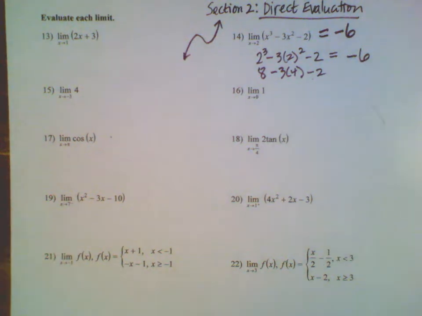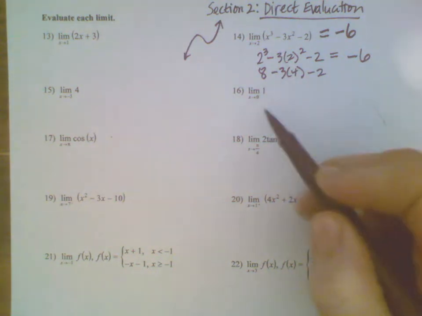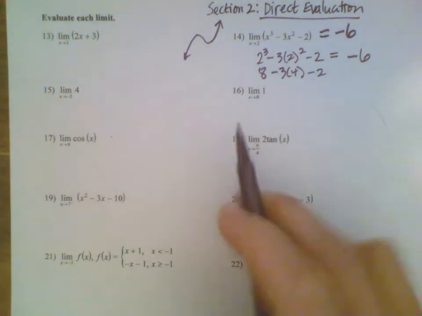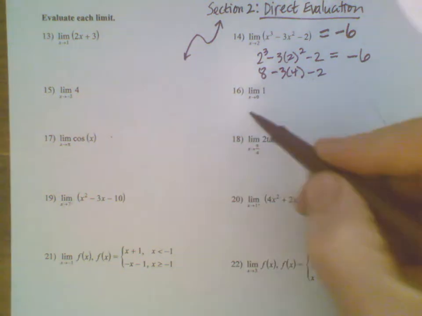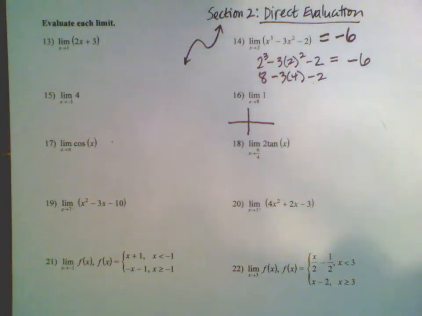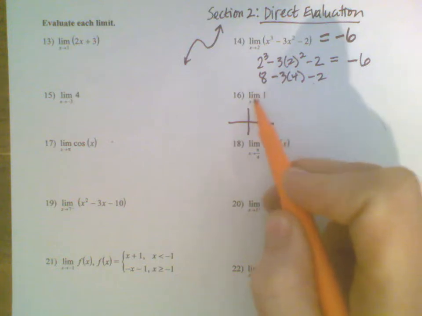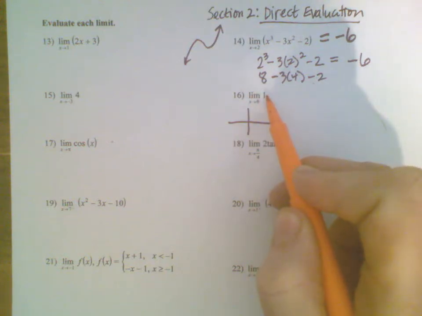So when we look at problem number 16, we might be thinking, okay, well, 0, where do I plug 0 in? If I don't have a variable, there's no x in there, what that means is that this is a graph where the function is always equal to 1. That means no matter what x is, y is 1.